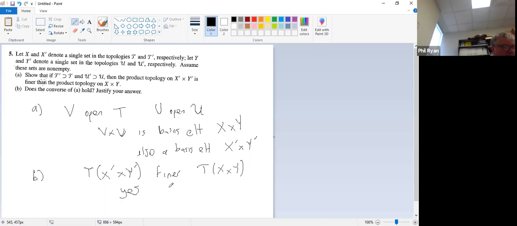Okay, and so if V cross U is in some topology, say the topology of X cross Y, it's also in the topology of X prime cross Y prime. So then if we look at the images under pi 1, since they're open maps, pi 1 of V is going to be in T prime, and pi 1 of U is also going to be in U prime.